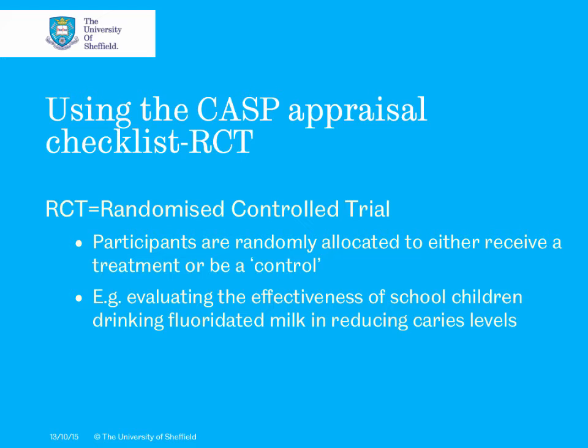An example would be a study to evaluate the effectiveness of school children drinking fluoridated milk in school at reducing dental caries. You would have 2 arms to the study. You would recruit school children, and they would either have fluoridated milk at school, or, as a control group, perhaps just have milk with no fluoride added.